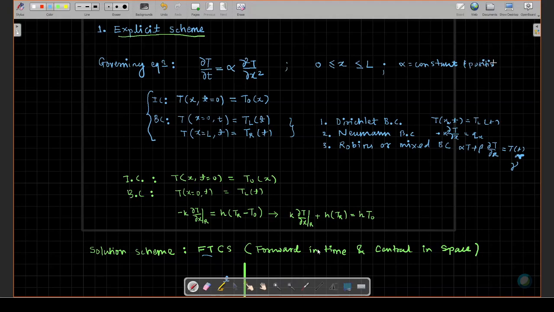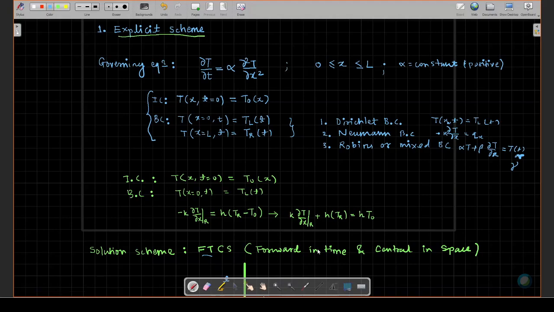Alpha cannot be negative, right? Alpha is a property, it cannot be a negative property. If it is negative, it means the governing equation is wrong. Alpha can never be negative. In your solution, for example, if alpha becomes negative, then you are not going to get convergence.